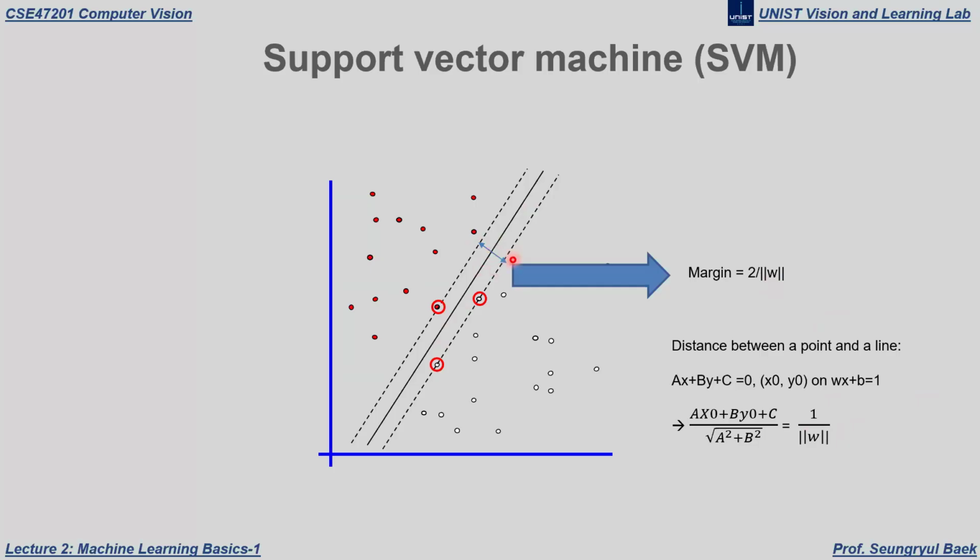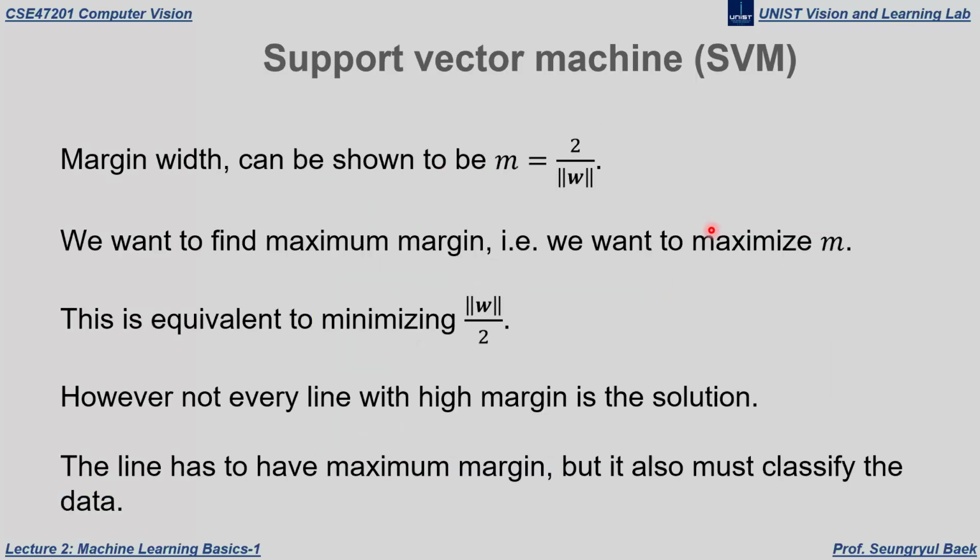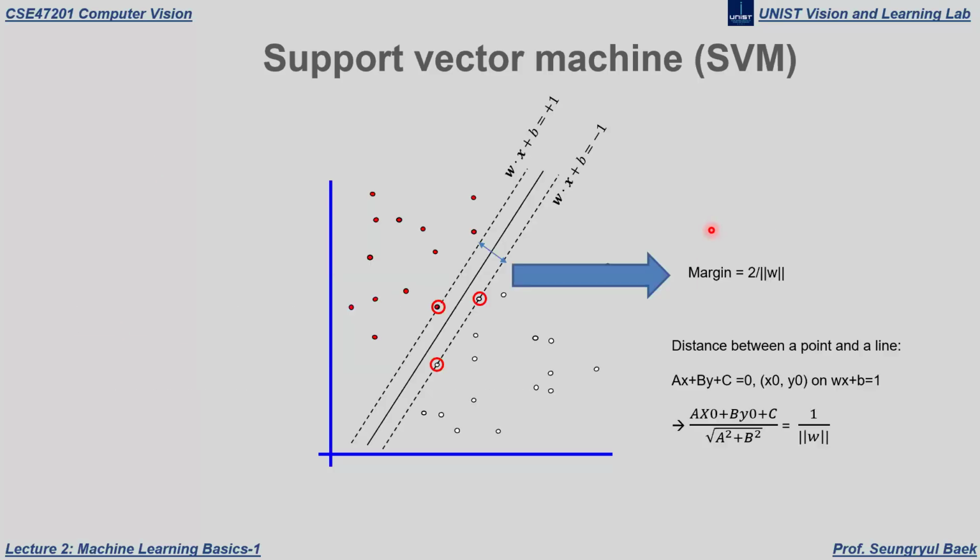So the margin is anyway 2 over the norm of W, right? Anyway, remember this: the margin is 2 over the norm of W. And then our objective is maximizing this 2 over norm of W, right? Are you guys following this?